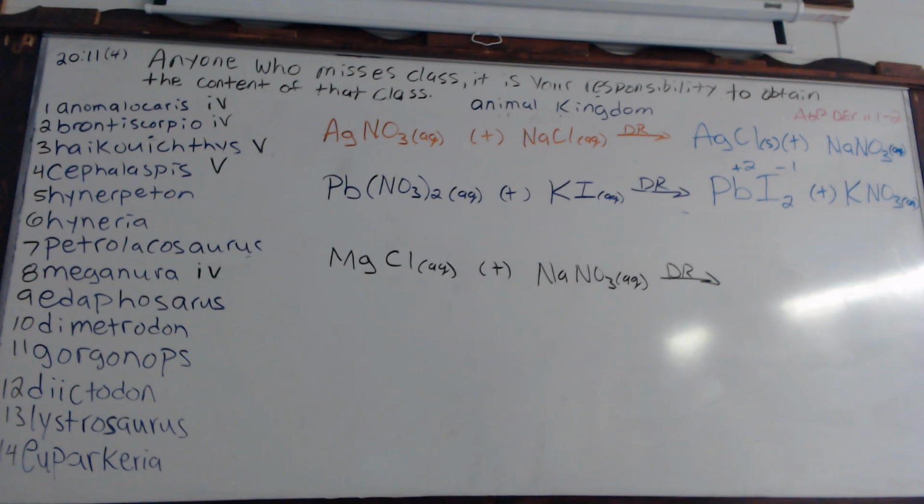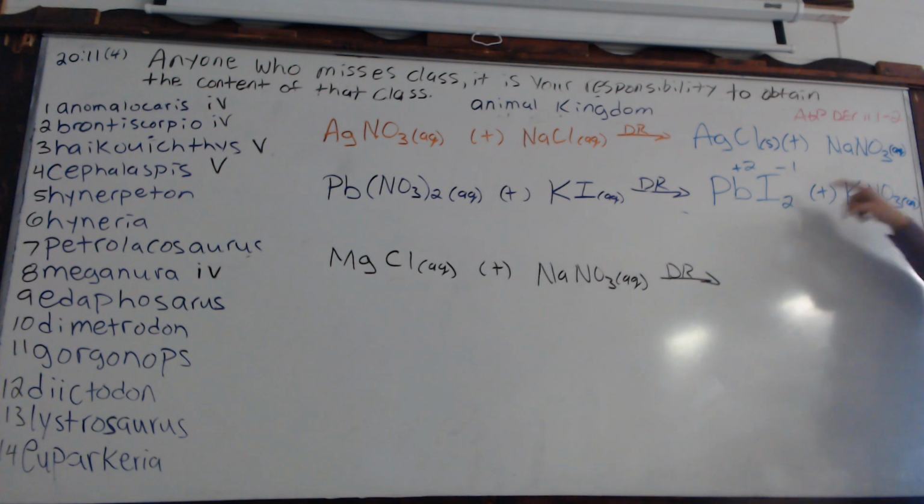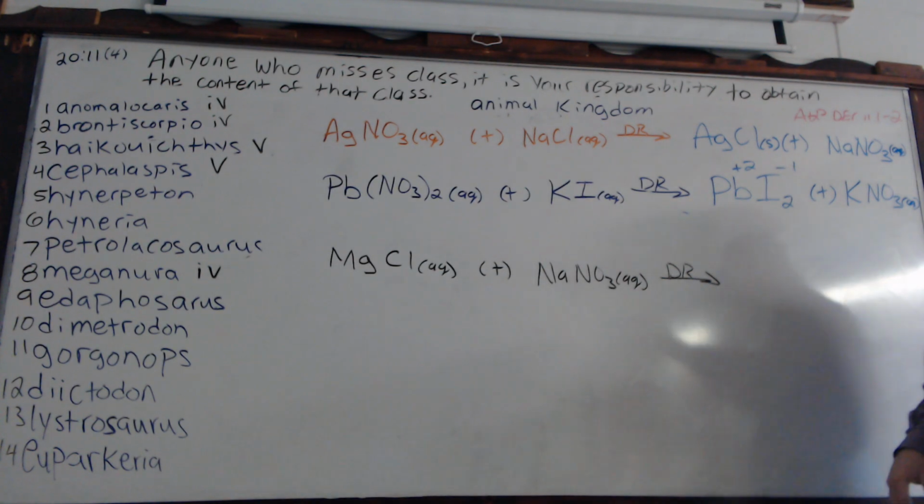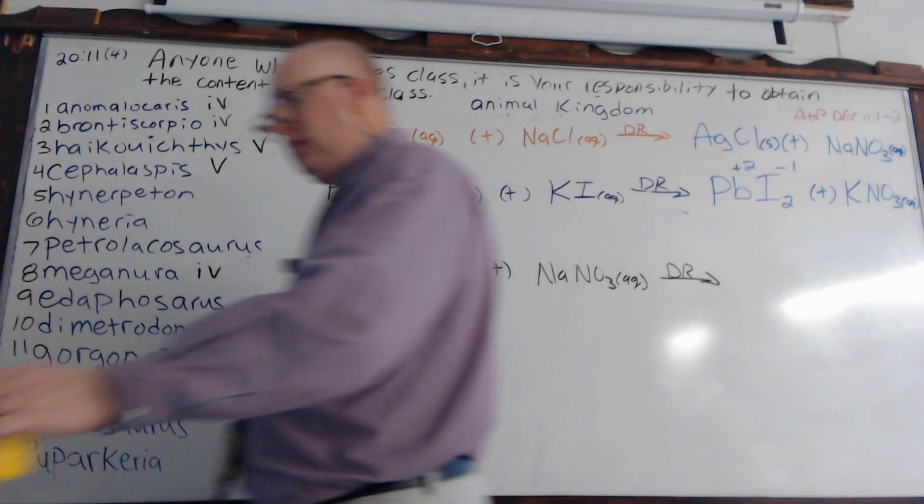Because what does this tell you? We already know that this is an aqueous solution because nitrates are soluble. But what does it say about iodides? They are soluble or insoluble? They're soluble except, and we've got lead there, or silver, or mercury.